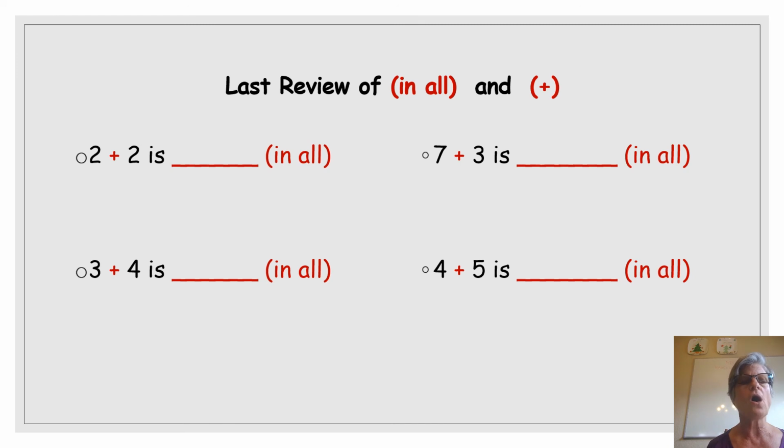Then you may count all the objects. Remember to count the objects in both colors together. And you should get 4 in all. In all means all of the objects.